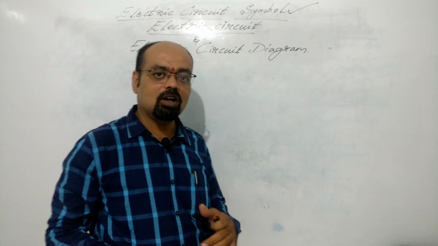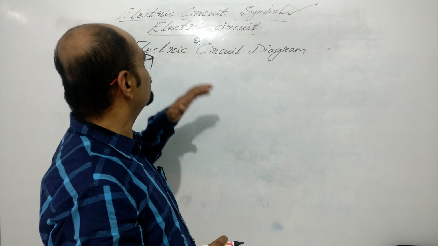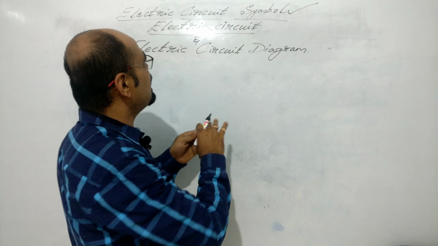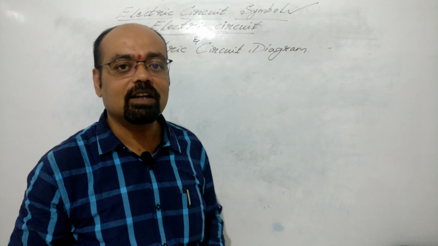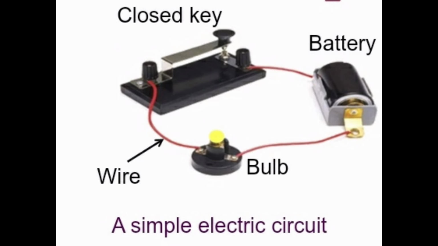Now moving on to what we mean by a simple electric circuit. Let's see it on the screen. A simple electric circuit is a continuous and closed path of an electric current. Here you can see the picture of a simple electric circuit.